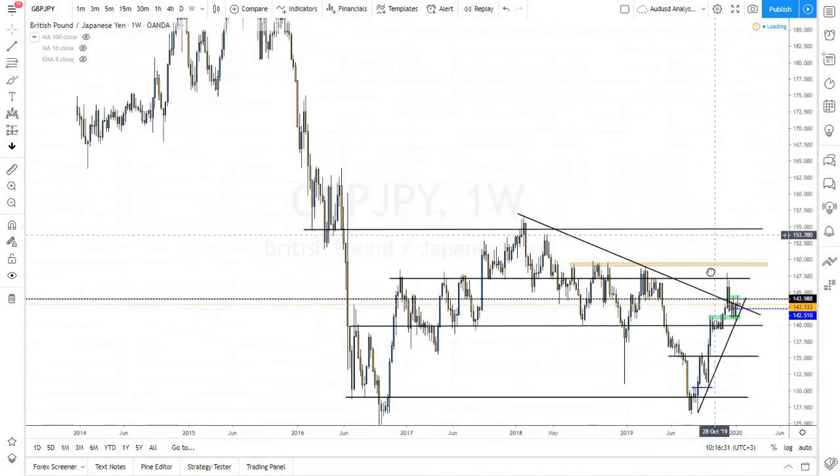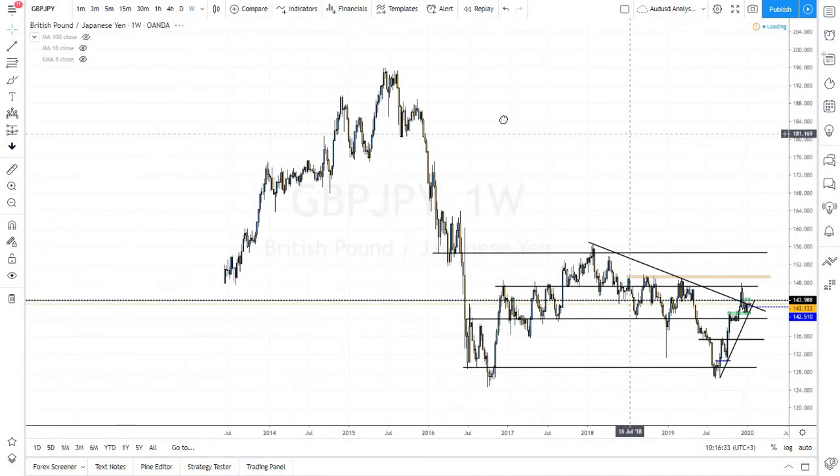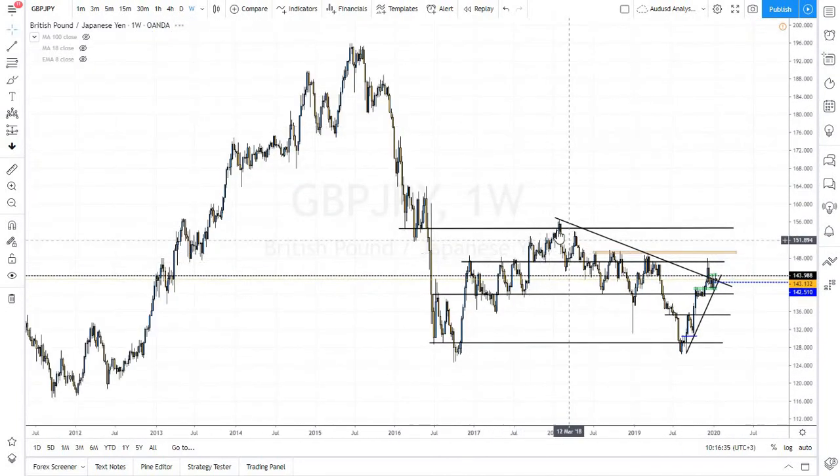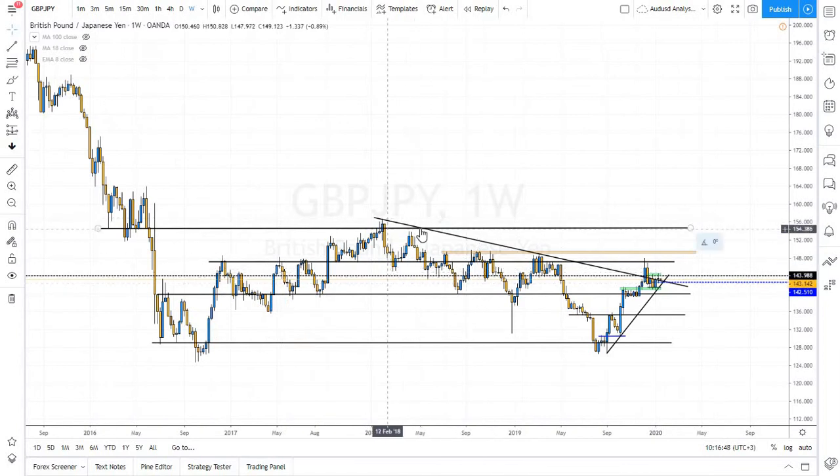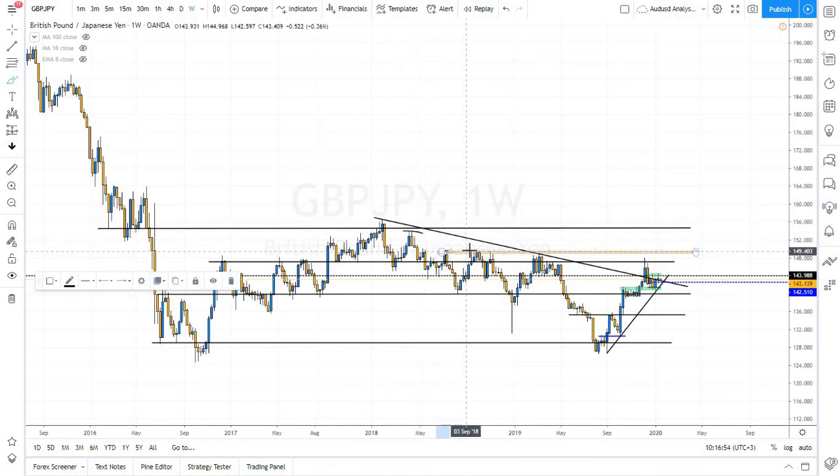So based off the weekly time frame, same as all other pairs, between 2017 and 2019, the market has been rather bearish. We're still seeing lower highs, lower lows, lower highs, tested highs, then a lower low here, came back, and formed a lower high.